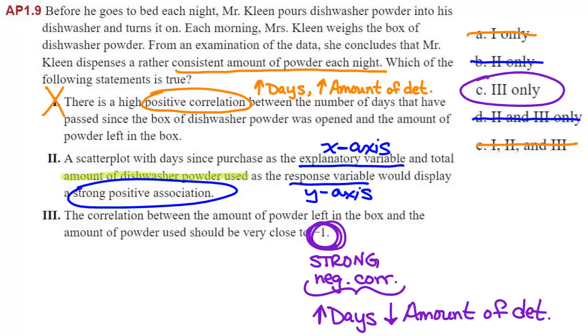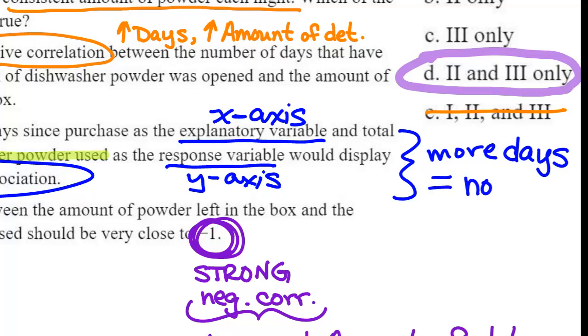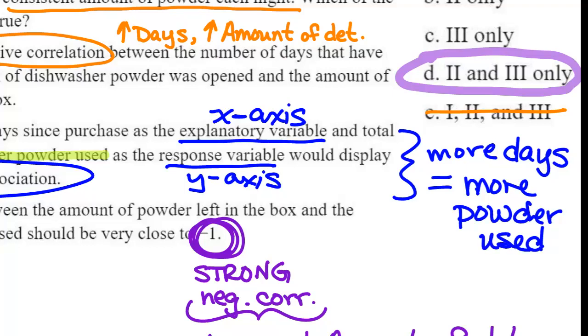My apologies, guys. See, got to read carefully or else you make stupid mistakes like I do. There we go. So my reasoning for this would be more days equals more powder used.